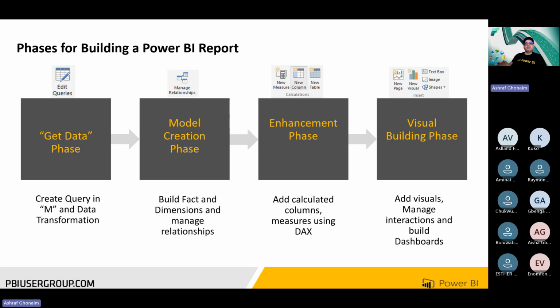After we are done with this stage, another critical step before you jump to the reporting layer is how to enhance the data model by enriching it by adding calculations, which are calculated columns and measures using DAX. This is very important because, as you know, when we ingest the data from its source, whatever the source is, it's very raw, very transactional, very granular, which sometimes is not the best starting point for the reporting layer, because the reporting layer is meant to take that to the next level.